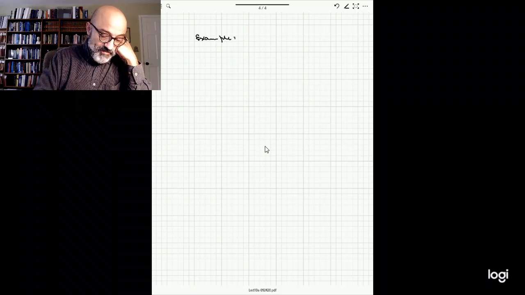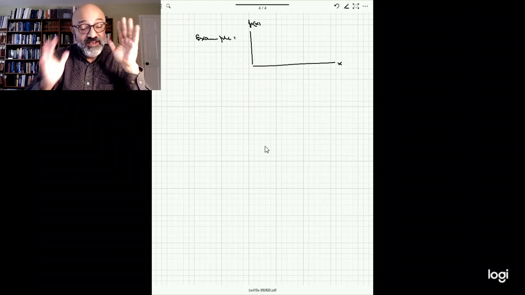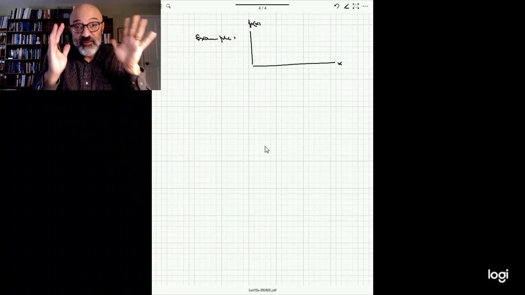The example I like is the following. Here we have the probabilities. My keys are always in my pocket. I'm a very careful guy. I always have my keys in my pocket and I know where they are.